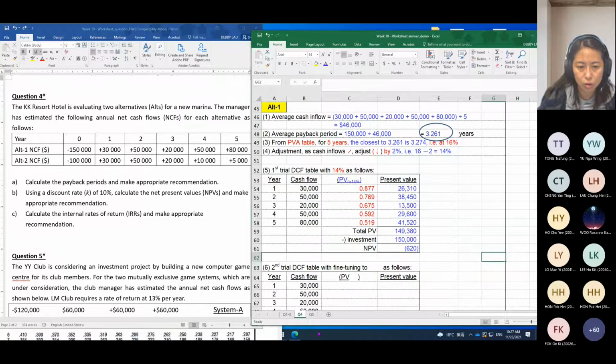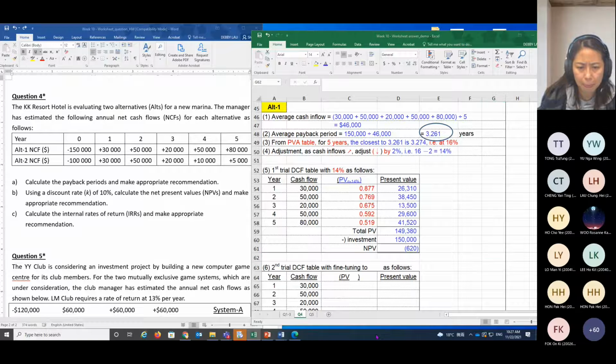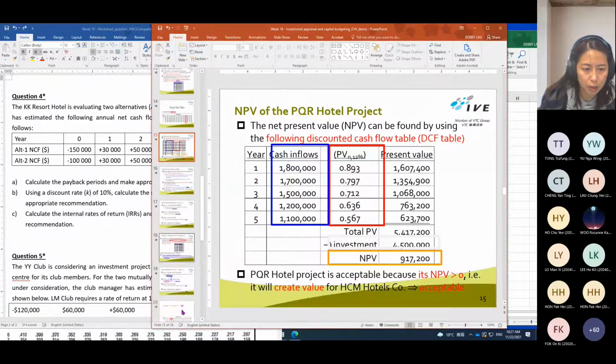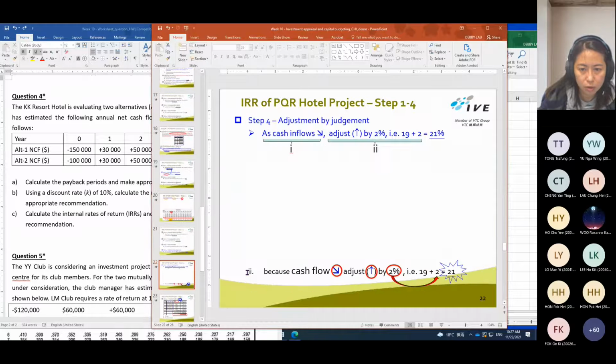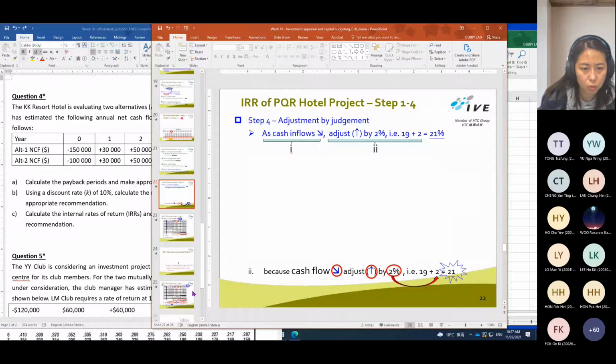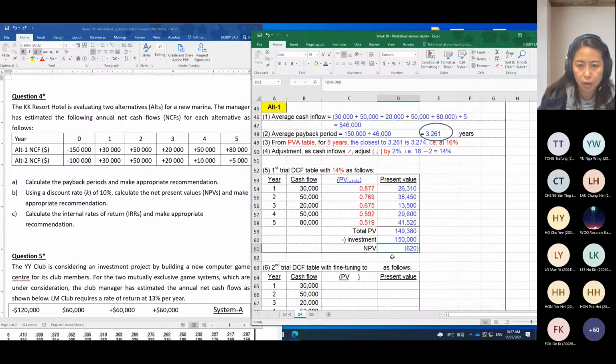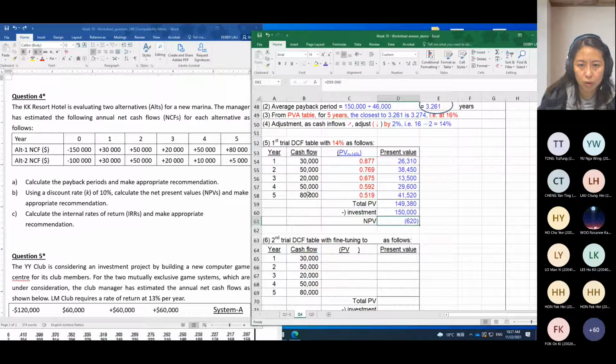So you just go back to your PowerPoint. You remember there is a note for you here: the two selected IRs are only 1% different, so it should be 21 or 20, or 21, 22, like that. So you have to decide whether to go to the left side or the right side.